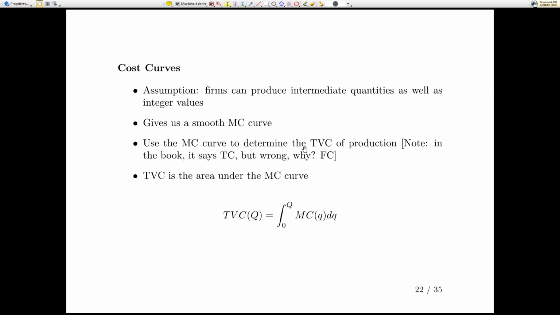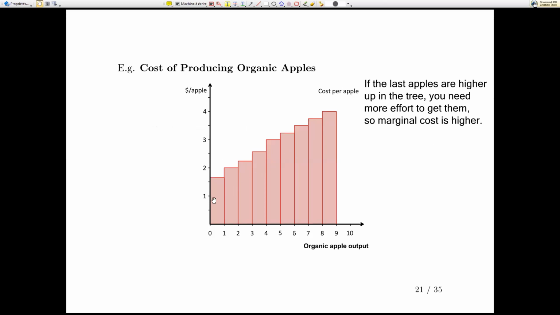So it determines the total value of production. Oh yeah, this is one small aspect of it. In the book they say that the total cost is just the integral of the marginal costs. To be exactly precise, it's not just the integral of the marginal cost.